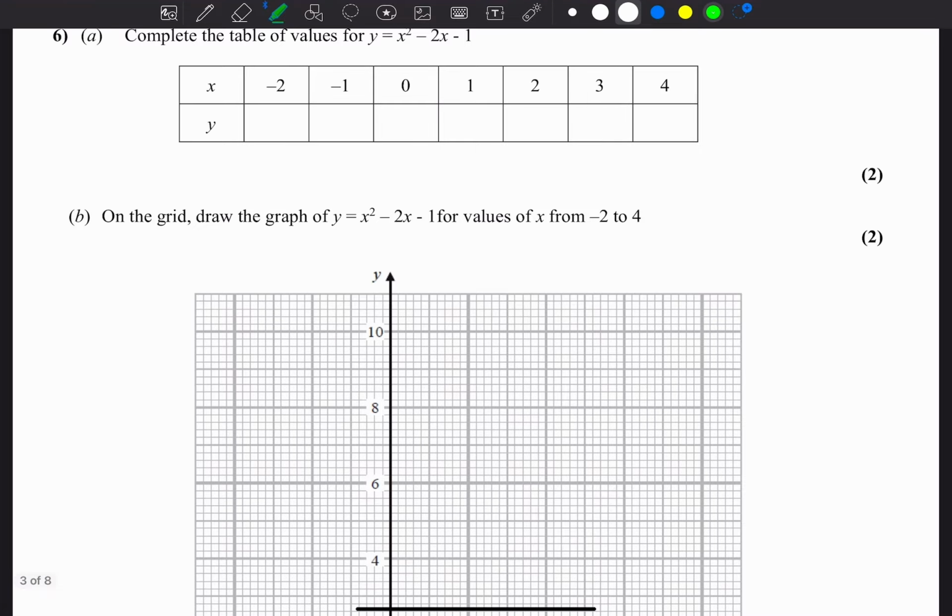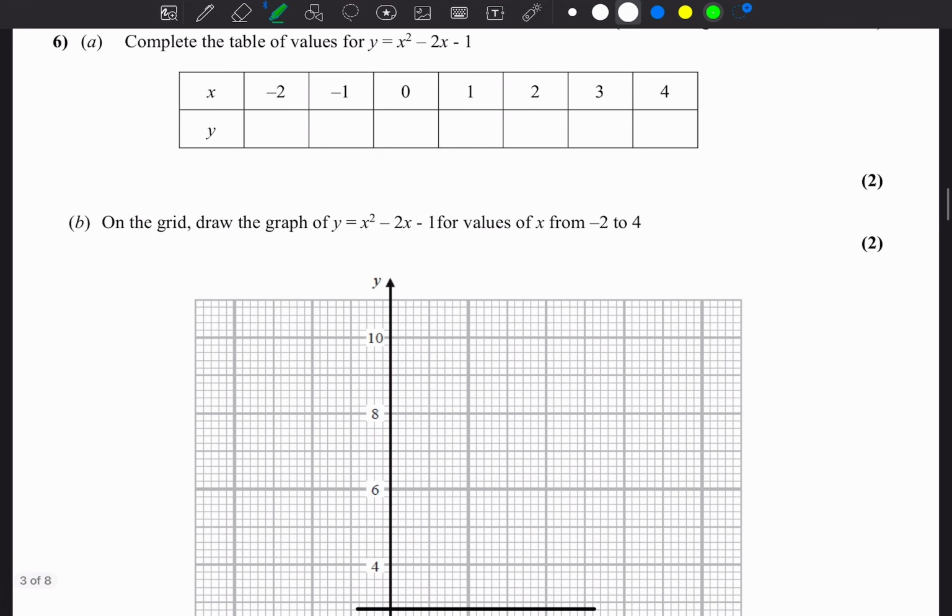Next one, you have to input it. Make sure you substitute it using a bracket. For example, if I'm substituting minus 2: bracket minus 2 squared, take away 2, bracket minus 2, minus 1. Which will make it 7. Substitute minus 1, which is 2.